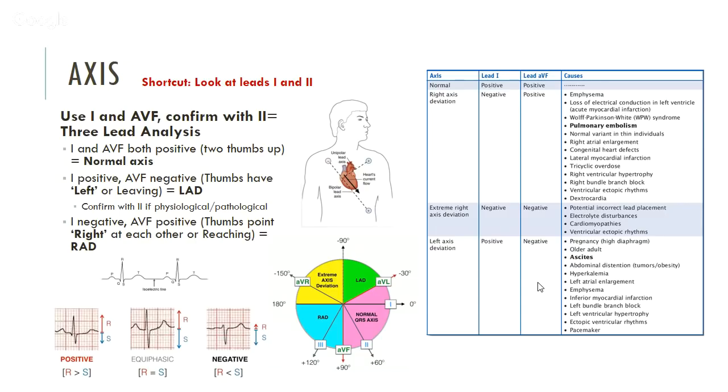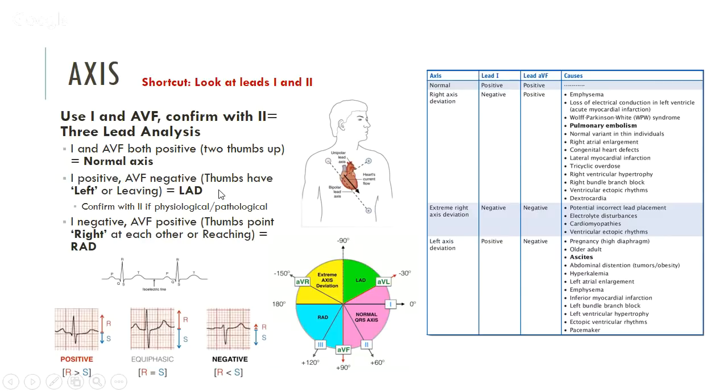So axis. The proper way to do it is looking at 3 different leads, so using 1 and AVF and confirming with lead 2. I'm not sure if you've heard of this one before, but the easiest way to remember is in normal axis, 1, AVF and 2 are positive. Positive just means the R's are going more up, and that's normal axis.